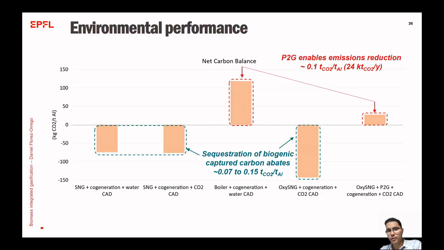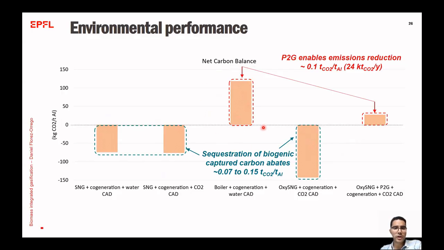It's important also to see how by using the biomass in a rational way, meaning by producing synthetic natural gas, we can reduce the amount of emissions of the overall system. Actually, we can have negative emissions when we produce synthetic natural gas and use it to drive the aluminum remelting furnaces.